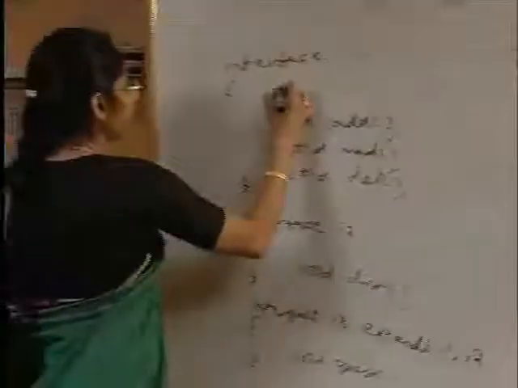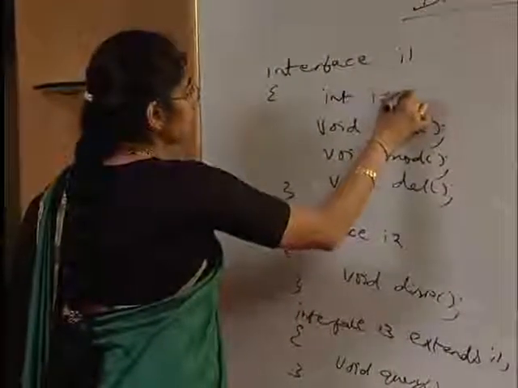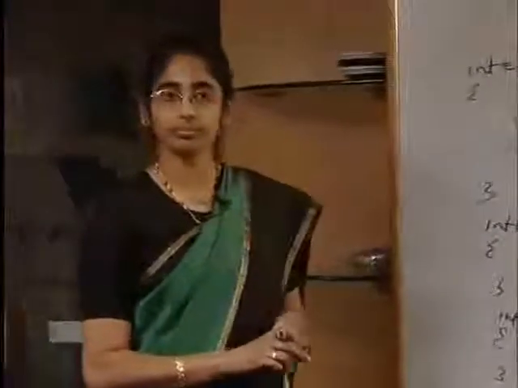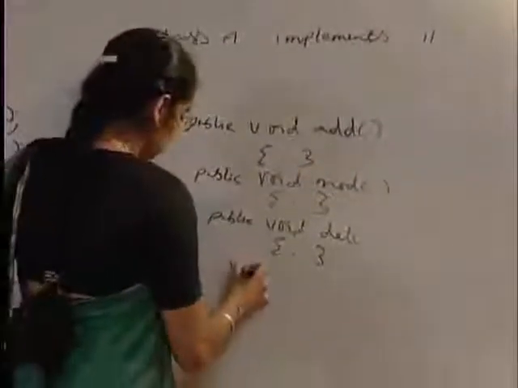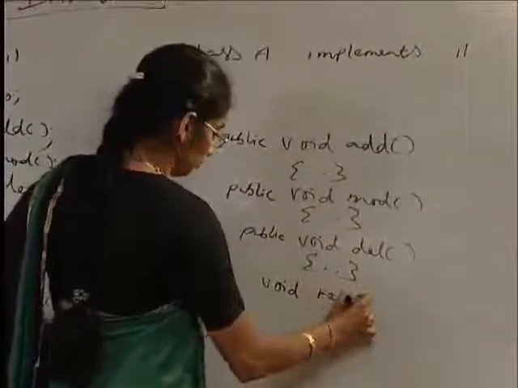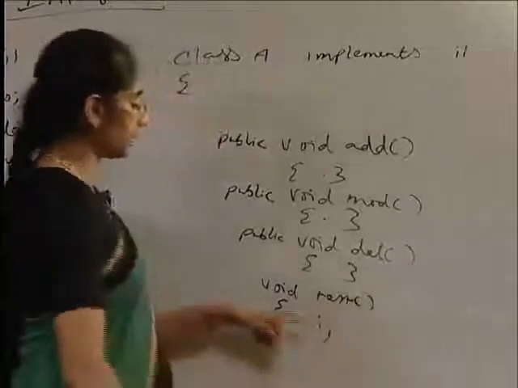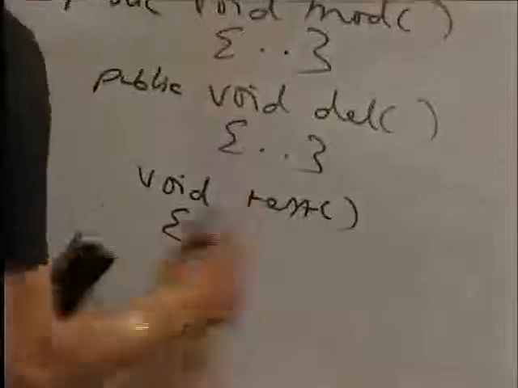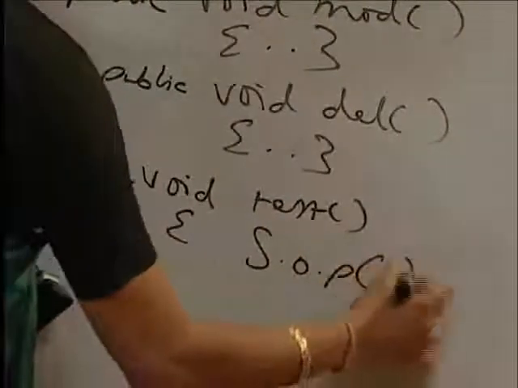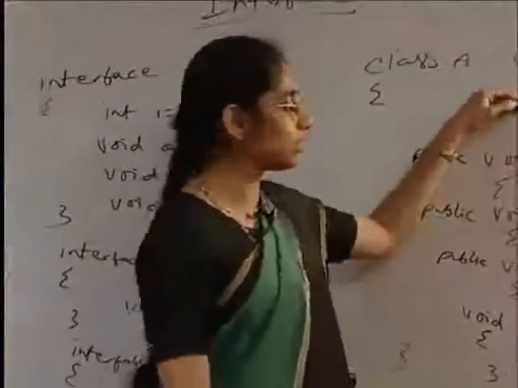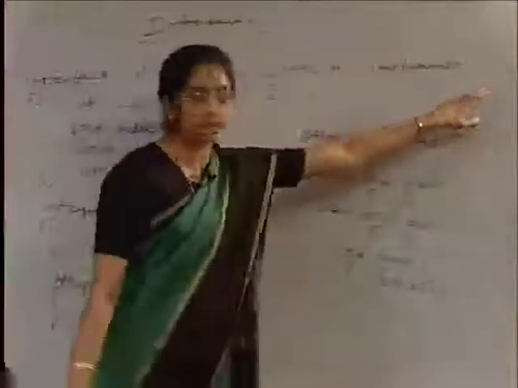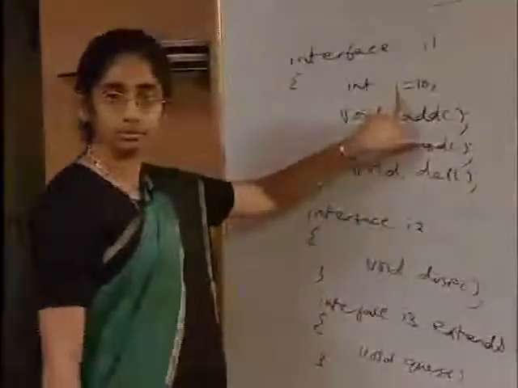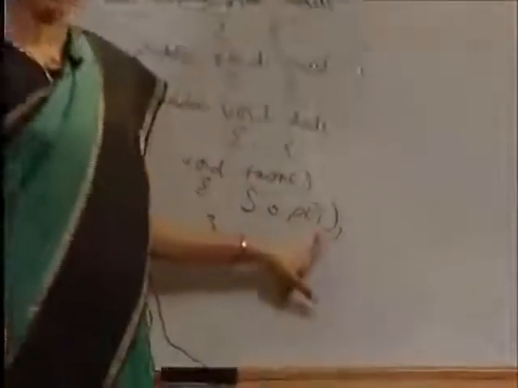Now let's say I have int I is equal to 10 here. I can access the variable I anywhere in this particular class. Let's say I just want to display the value of I. Now where is the variable I in this class? This class does not define any variable I. So this class implements I1, and I1 has int I, and that's the I value that you are displaying here.